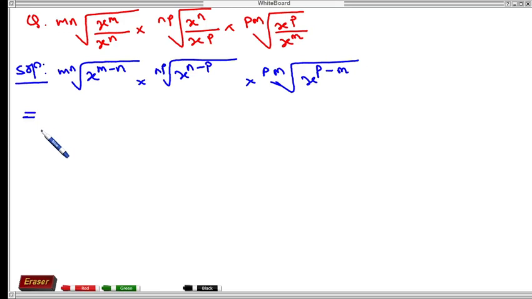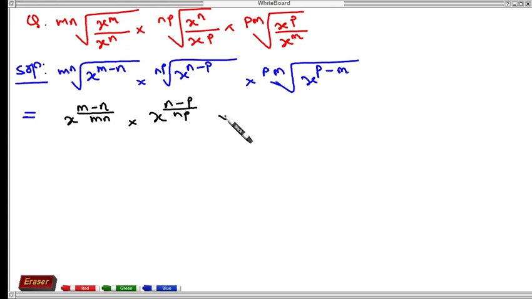Then the second step is x to the power m minus n divided by mn, times x to the power n minus p divided by np, times x to the power p minus m divided by pm.